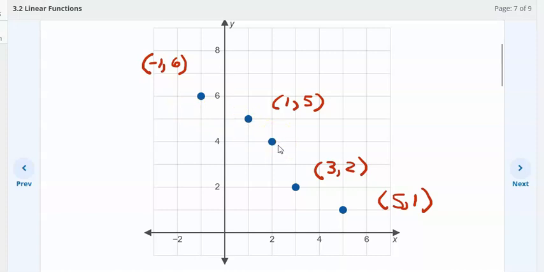And I see I left this one out. So let's put that in there now. This would be a 2 and a 4. Okay. So you will need these to move on to the next part.